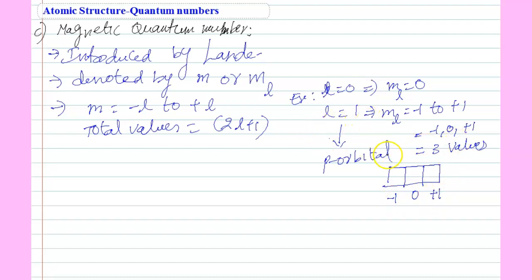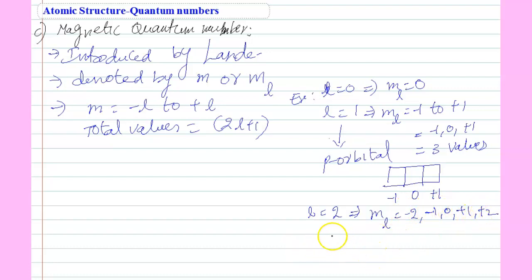So l equal to 1 means p orbital. The p orbital's first subshell contains the magnetic quantum number minus 1, the second contains 0, the third contains plus 1. Similarly, if l equal to 2, ml equal to minus 2, minus 1, 0, plus 1, plus 2.